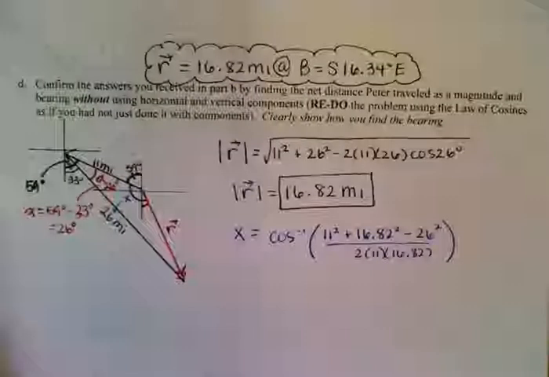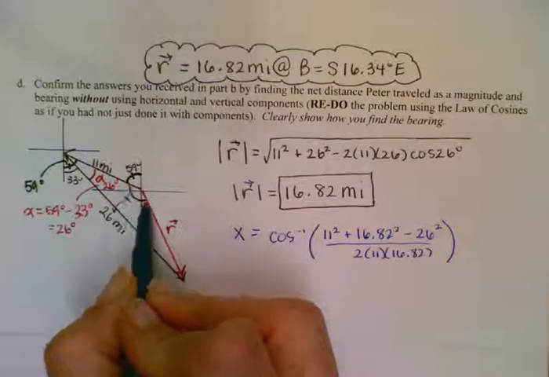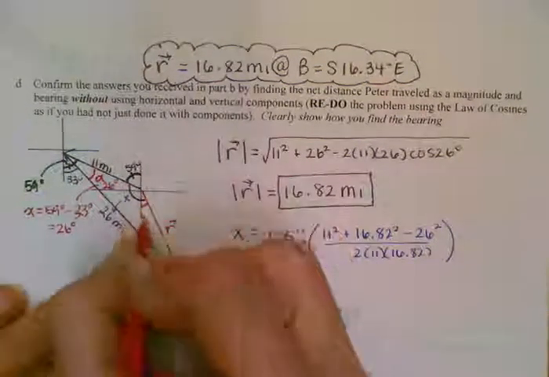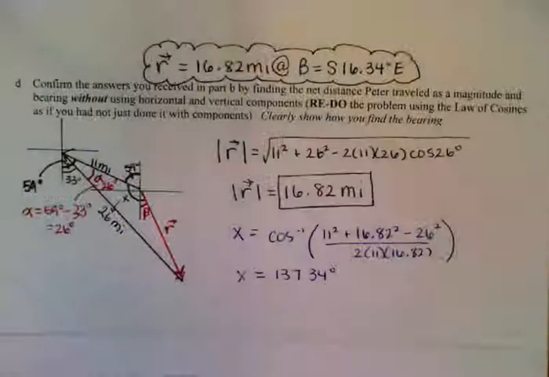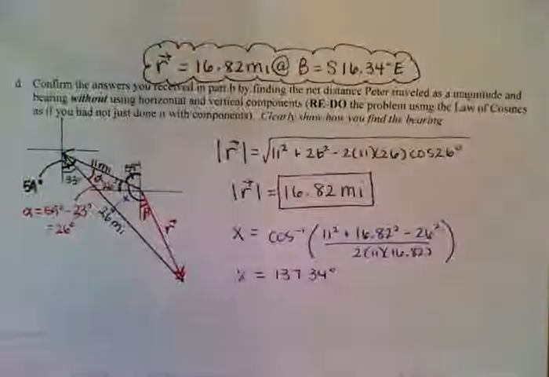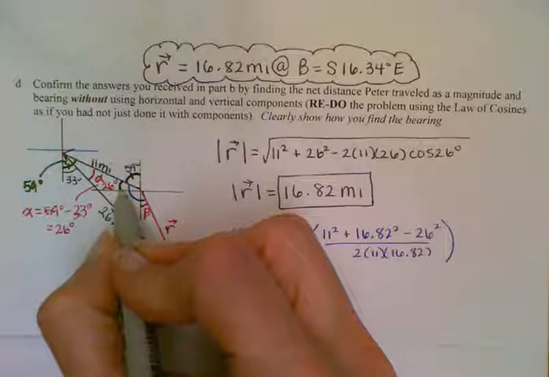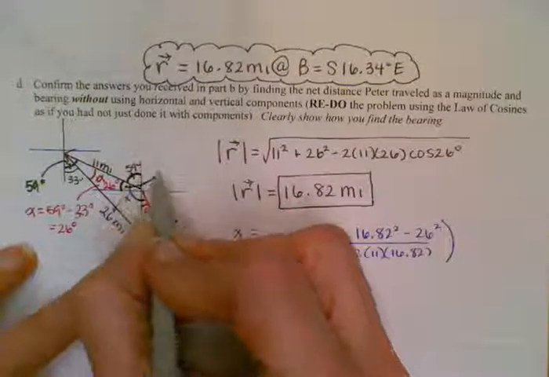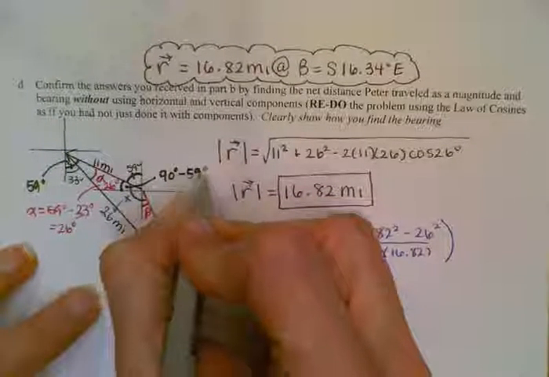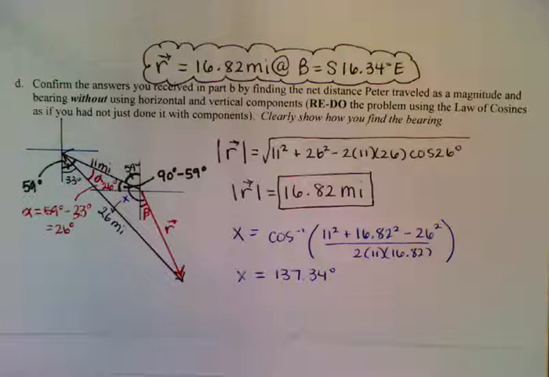That's our initial value. Remember, that's for this big obtuse angle across here. So what we're looking for is this part of that whole angle. What we can do is we also know this little part of the angle. We can find this because that's going to be 90 minus 59 degrees.